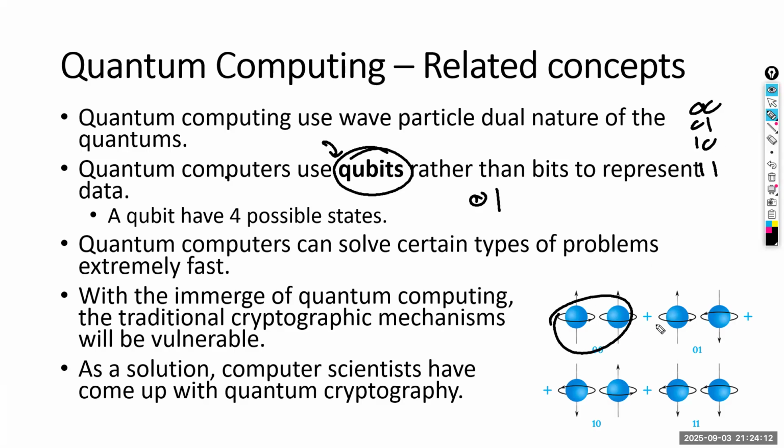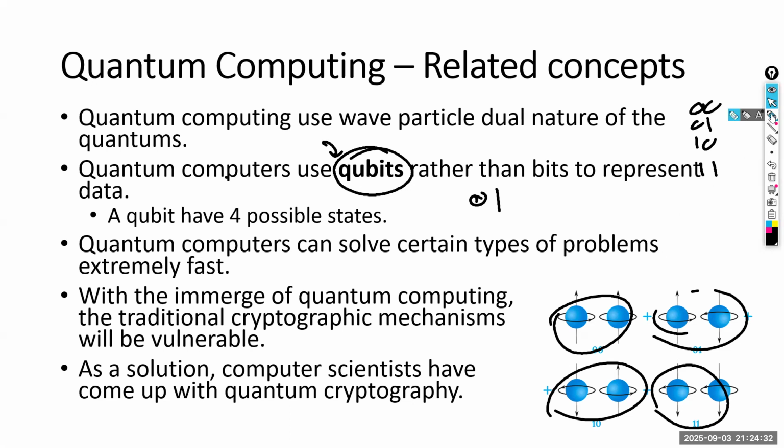So four possibilities because of that duality nature, right? Wave-particle duality. That is one of the reasons why quantum cryptography is required, because when we have four possibilities, it makes certain calculations super fast. It's super fast.